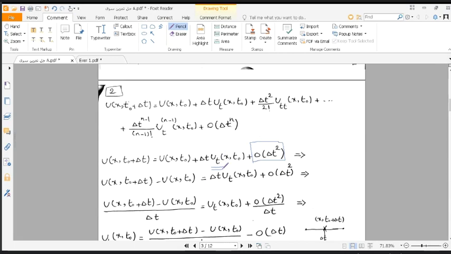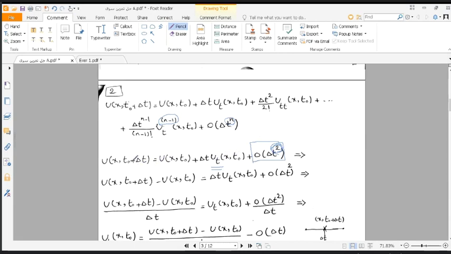Because the power of delta t is 2, we write the derivatives of u only up to order 1. Is it okay? Delta t to the n corresponds to derivative n minus 1. For delta t squared, the derivative is up to the first derivative.